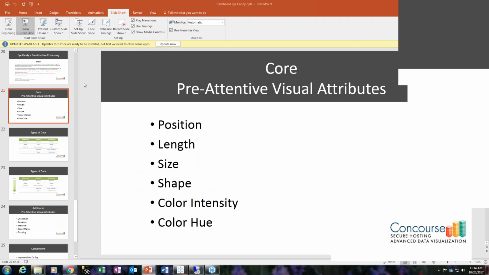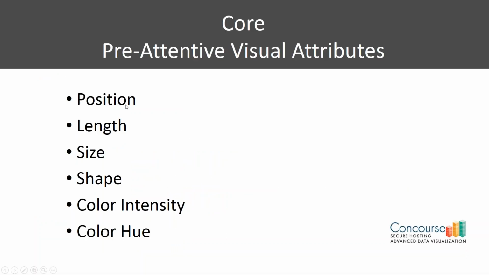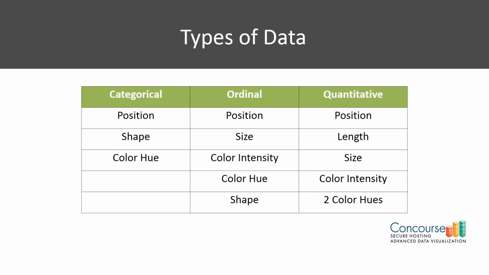Really the core ones that I want to focus on are these: position, where it shows up, the length, the size, the shape, color intensity, and color hue. There are different types of data that you're going to work with.